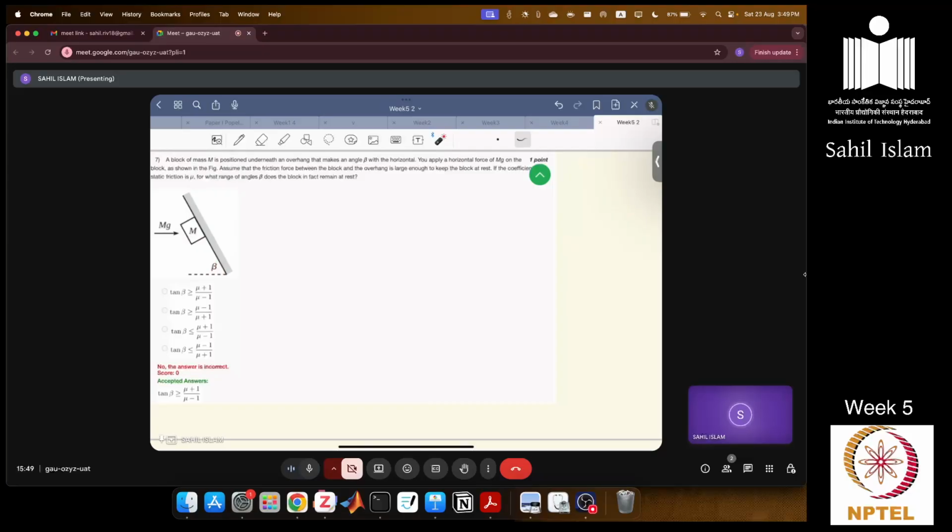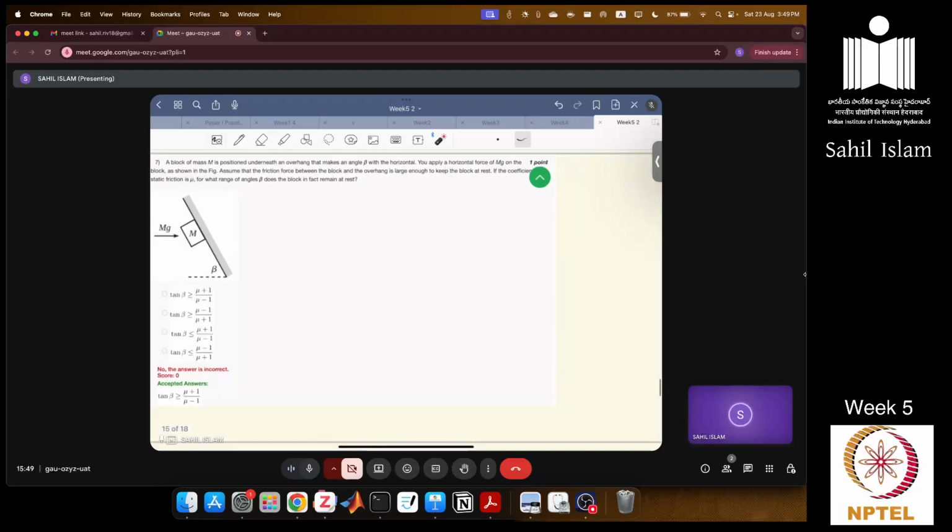You apply the horizontal force mg on the block as shown in the figure. Assume that the frictional force between block and overhang is large enough to keep the block at rest. Okay, if the coefficient of static friction is mu, for what range of angle beta the block should remain at rest? So we have to find out equilibrium.